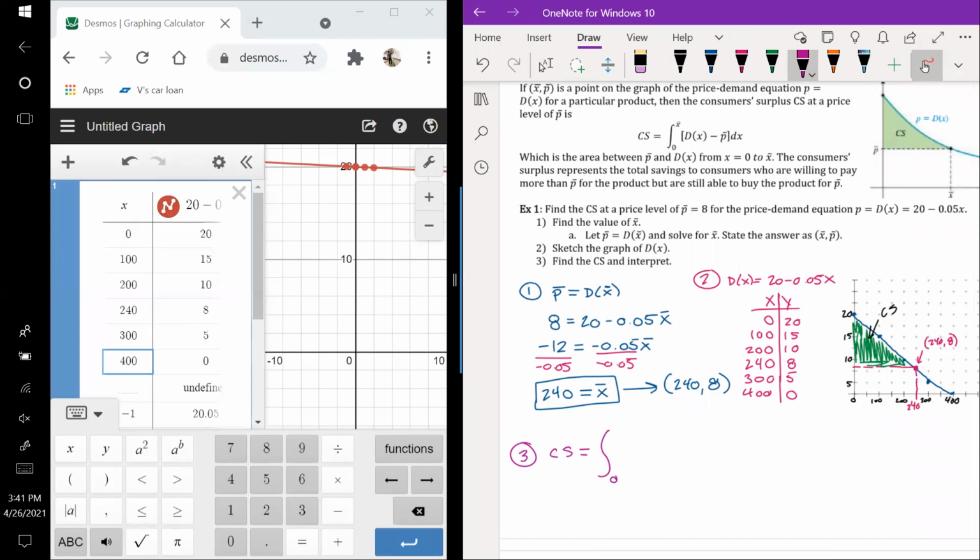And we found that x bar was 240, of d of x, which is 20 minus 0.05x, minus p bar, which is 8, with respect to x. And we get the integral from 0 to 240. And we can put the 20 and the 8 together. So we'll end up with 12 minus 0.05x dx.